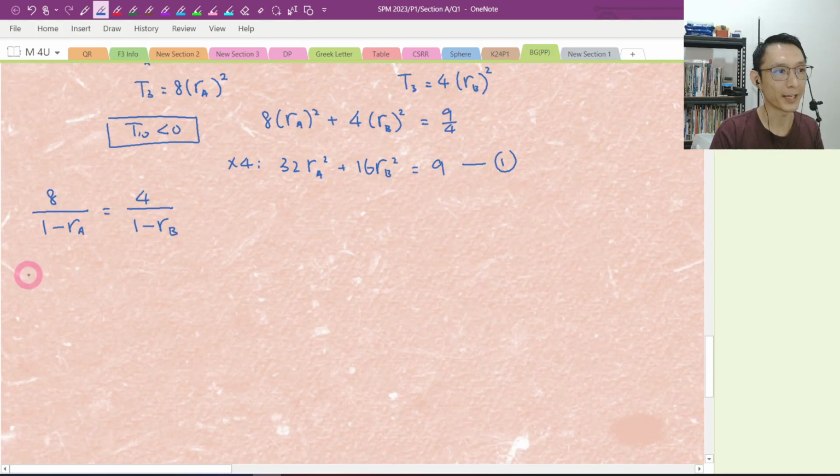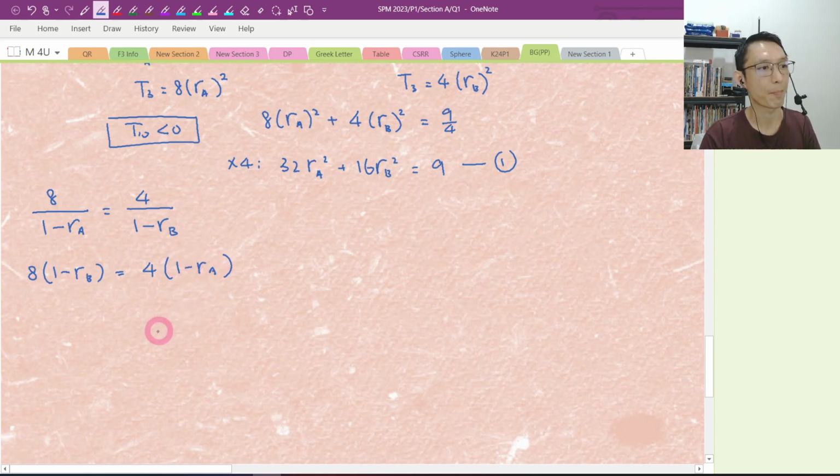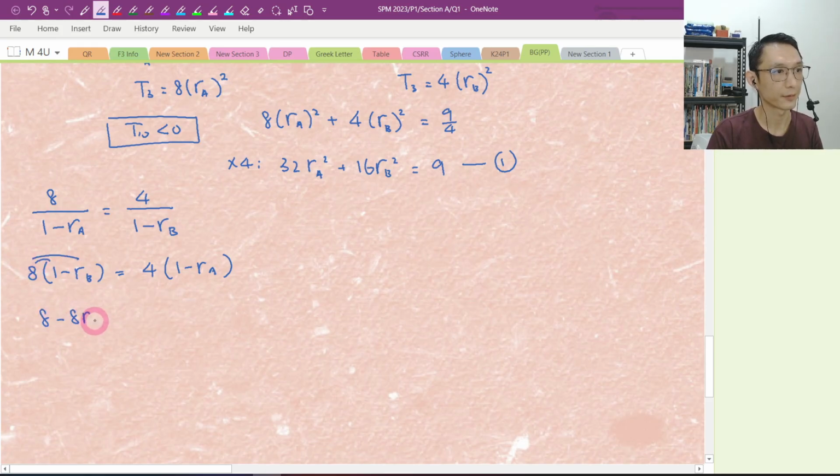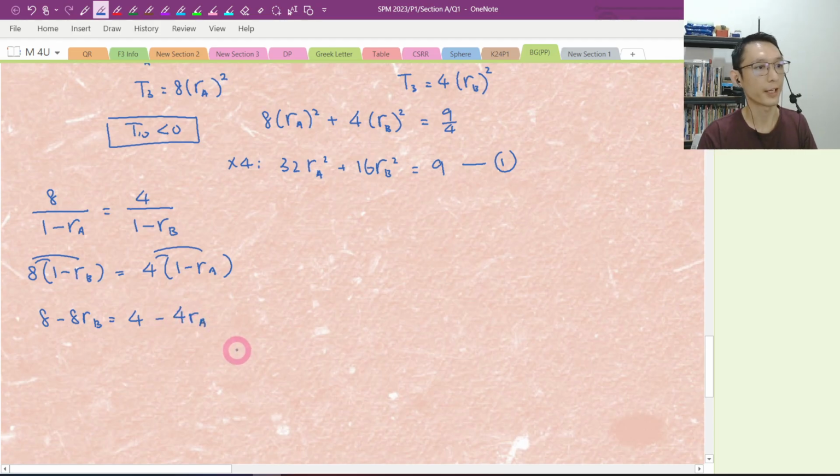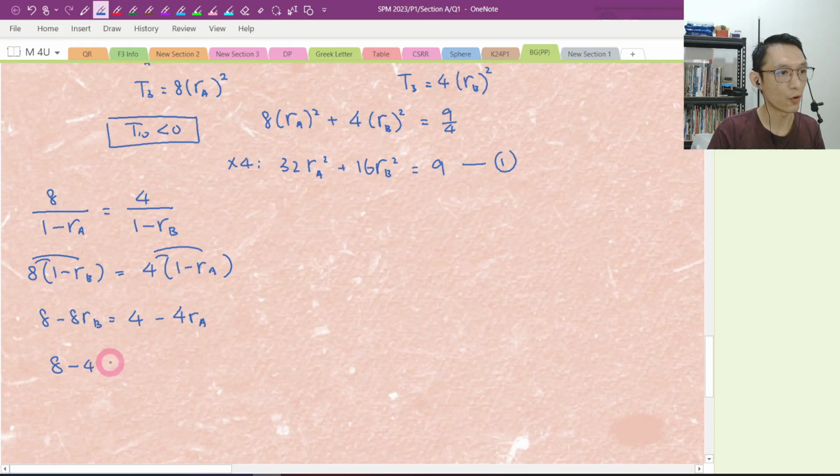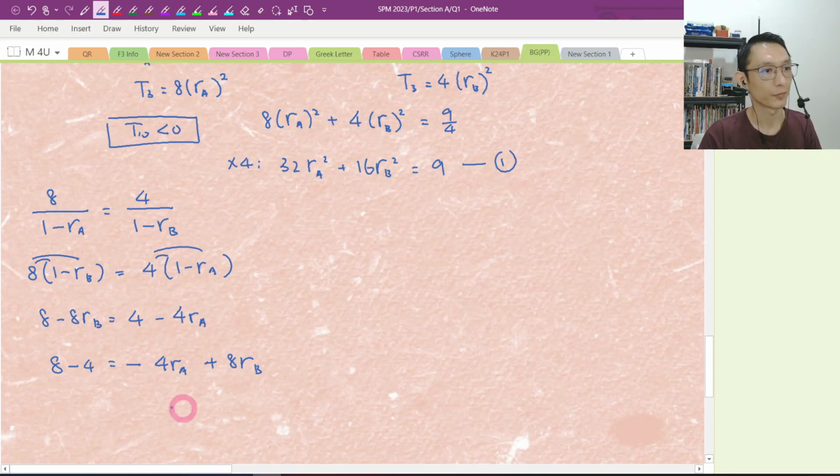So do cross multiplication, just do some expansion. 8 minus 4 is equal to negative 4 RA plus 8 RB.